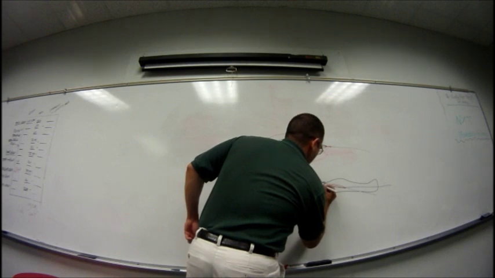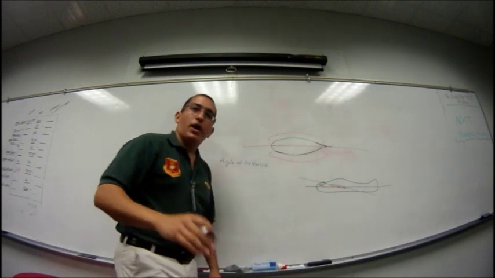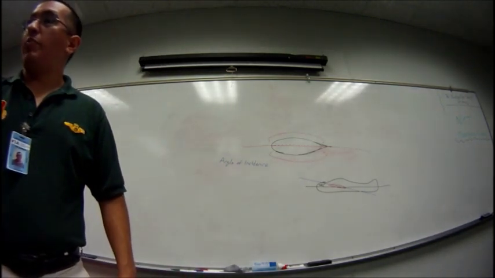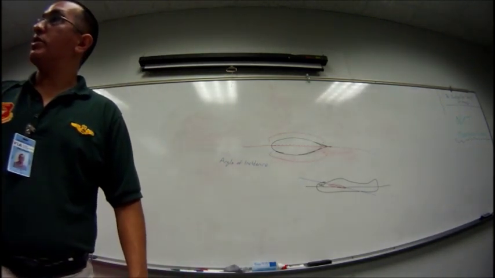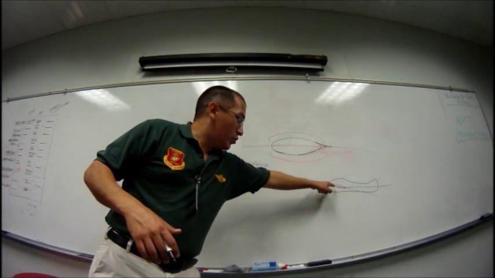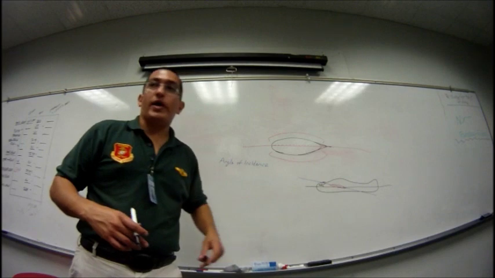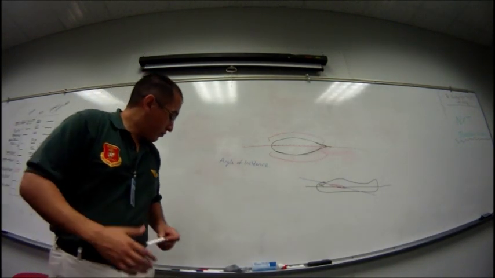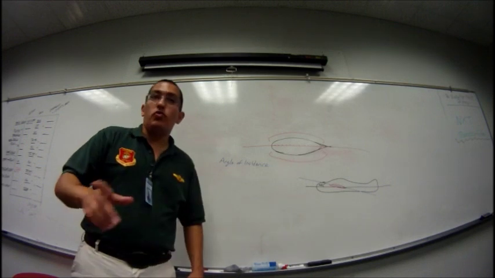So the chord line doesn't line up? Right, the chord line of the wing will not line up. Now, sometimes it will. It depends on what the purpose of the aircraft is. But generally, the angle between the chord line and the longitudinal axis of your aircraft is known as your angle of incidence.